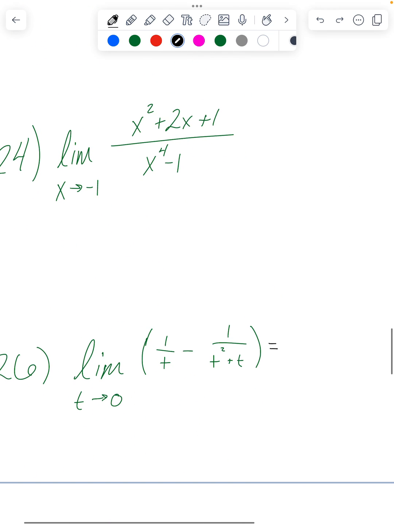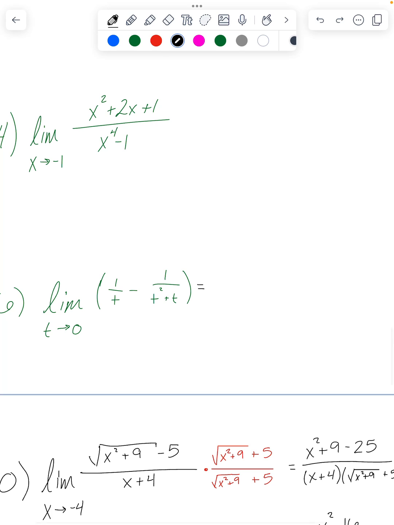24 wasn't too bad. With 24, all I have to do is split this up and say this is x plus 1, x plus 1. I can split up the bottom as x squared plus 1, x squared minus 1.